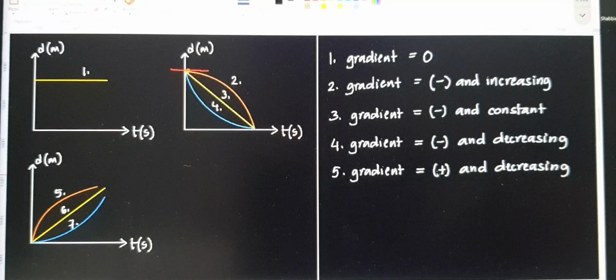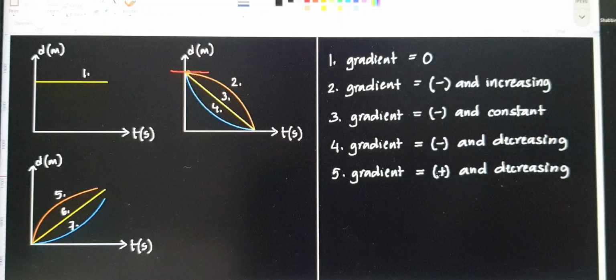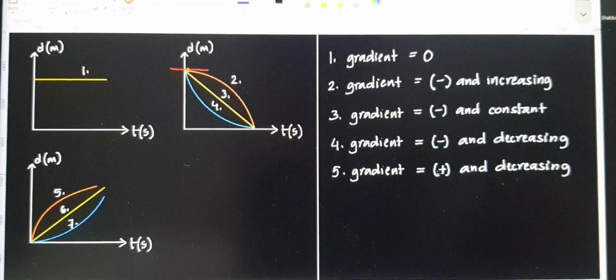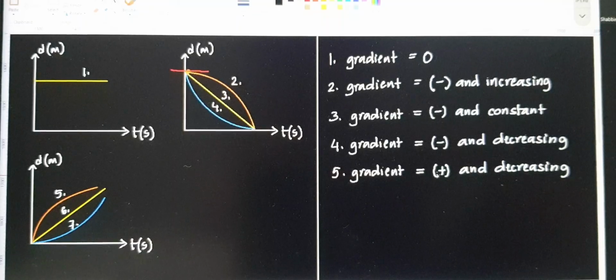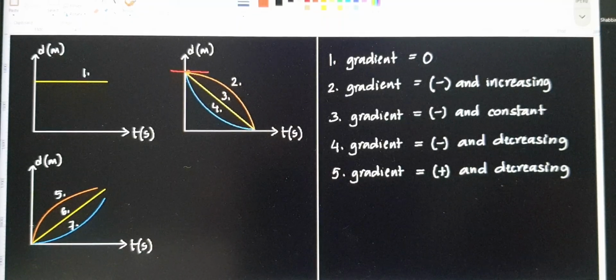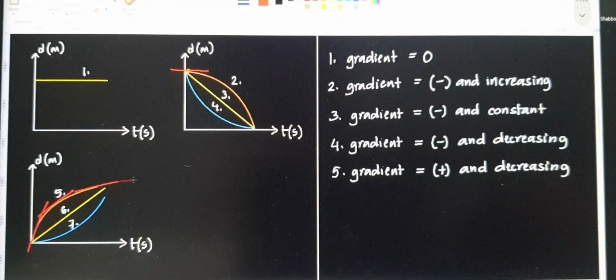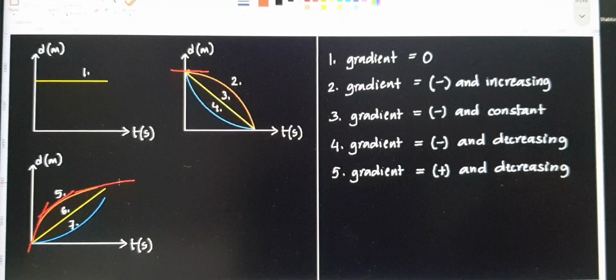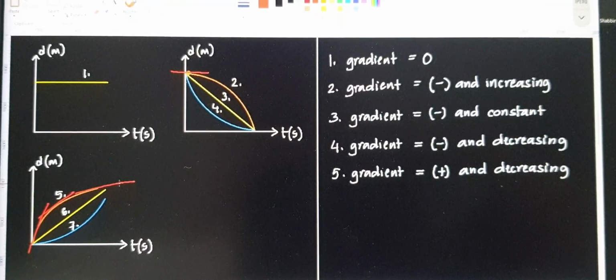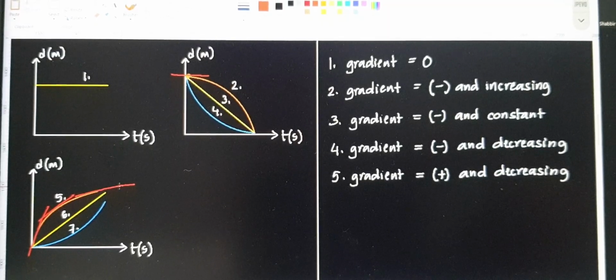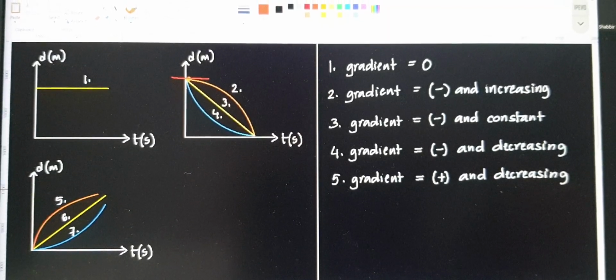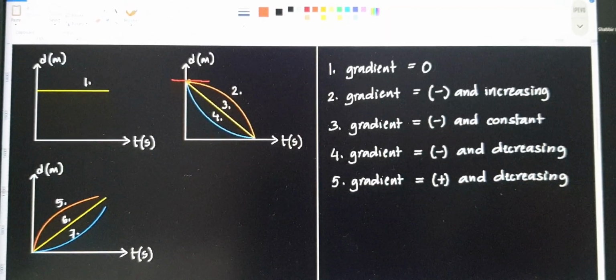Right? So it is positive because it's going up, obviously. But it is decreasing. Why? Because the steepness is decreasing. Right? Initially, আমার গ্রাফটা অনেক বেশি steep, তারপরে shallow, এখানে এসে আরো shallow. So the gradient is decreasing. Are we good?